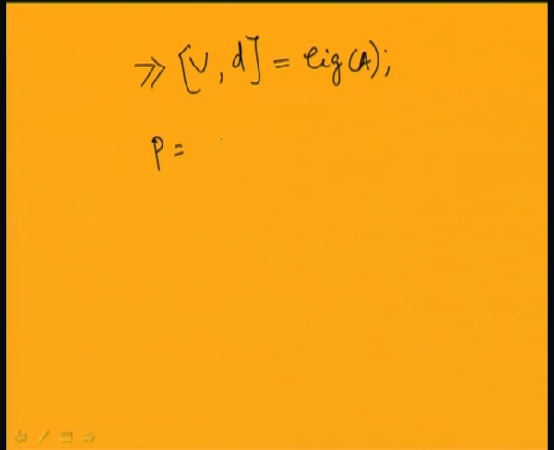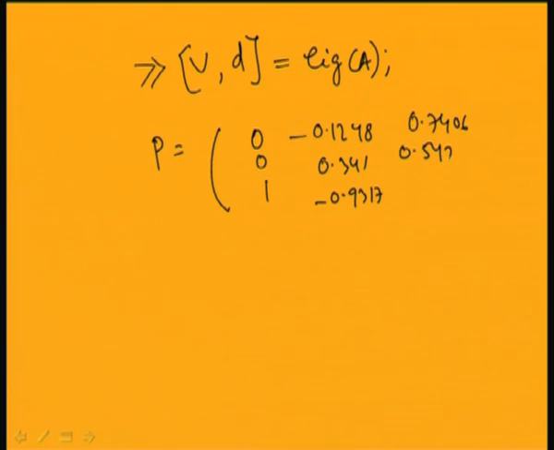This P matrix is obtained as 0 0 1, minus 0.1248, 0.341, 0.9317, 0.7406, 0.5422 and 0.3969. The D matrix is a diagonal matrix giving the eigenvalues of the system: lambda equal to 2, 2.3660 and 0.6340.